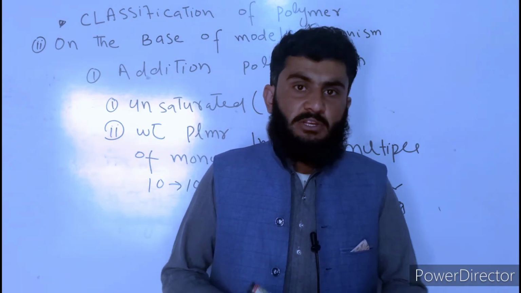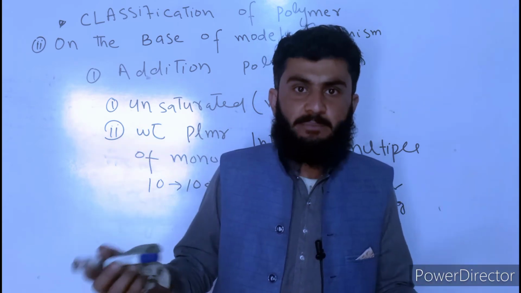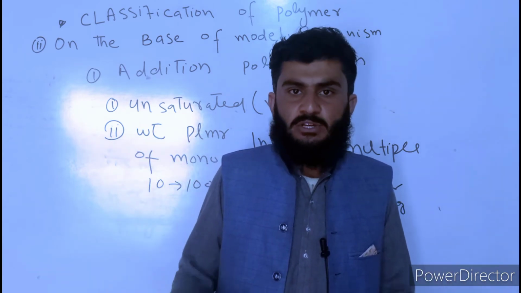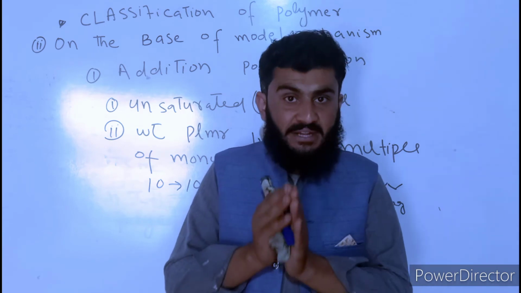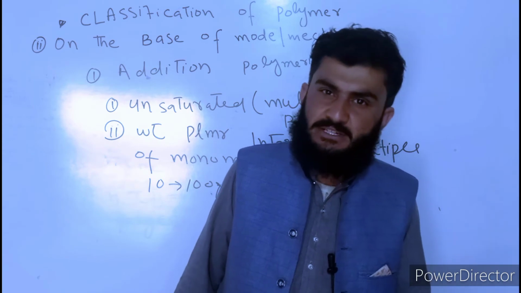If the weight of 20 monomers combine to form a polymer by the addition way, the weight of the polymer is actually integral multiple of the monomer weight.